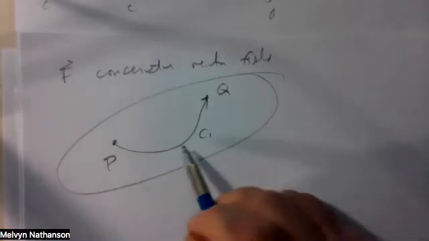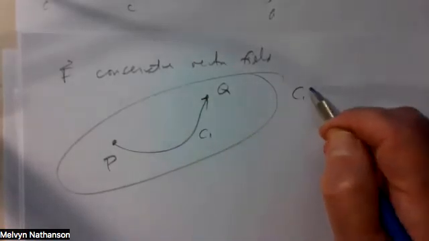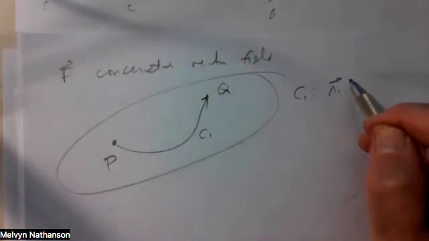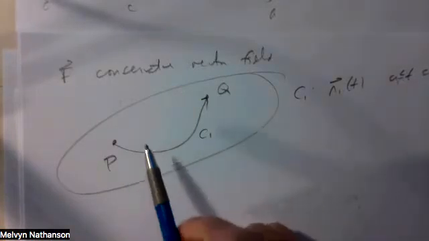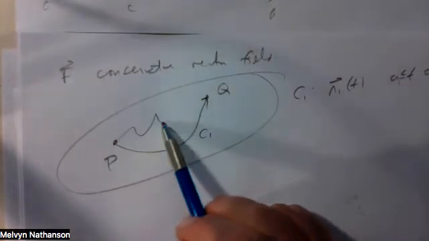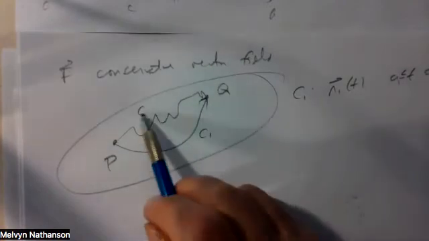Suppose we have two different curves, C1 going from P to Q. So C1 is given by some function r1 of t. And we have another curve that goes from P to Q, C2.